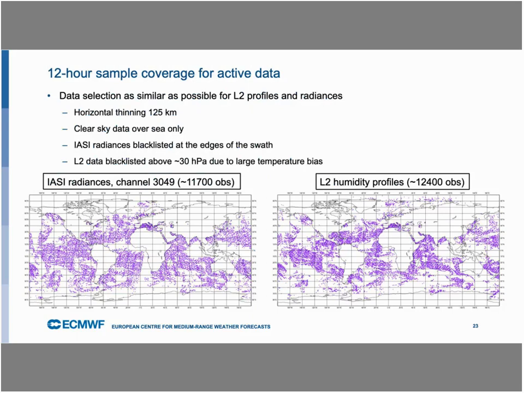And the quality control introduced for the retrievals ends up with a nearly similar geographical distribution of observations in clear sky situations as for radiances. And then because of the ERA5 inherited temperature bias at high levels, we are not using temperature data over 30 hectopascal altitudes.